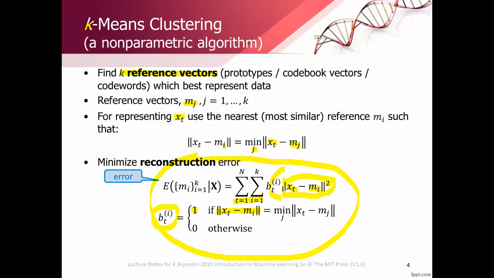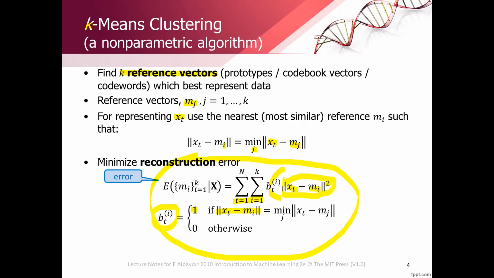If we obtain an observation x and compare the distances to the reference vectors, this one is closer, so we compute the square of the distance between the representative m2 and x, and this will be added. And what is this? This is actually the square of the reconstruction error. Because if instead of x we transmit the reference vector, we say that the observation was this one. So the difference was the difference between x and the representative.